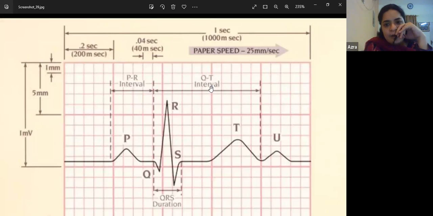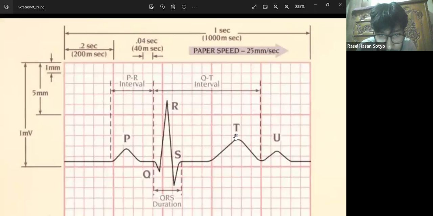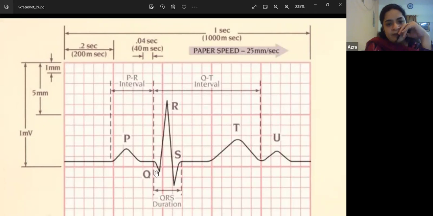Now come to the QT, like this one. Sorry, this one is Q, there is no O, and this is T. It looks like an O, so that was a slip of tongue.